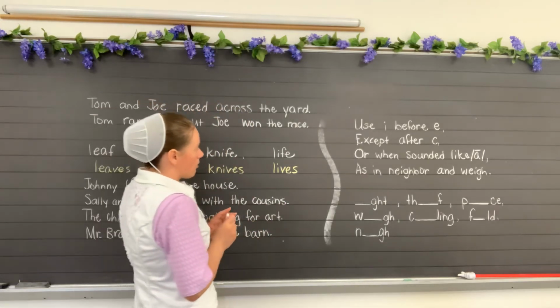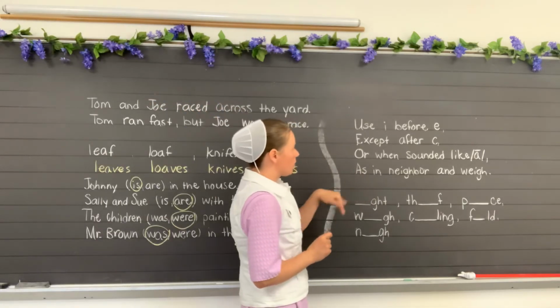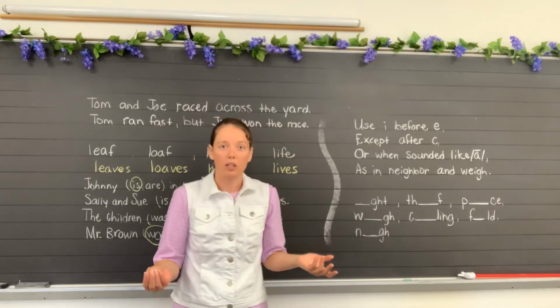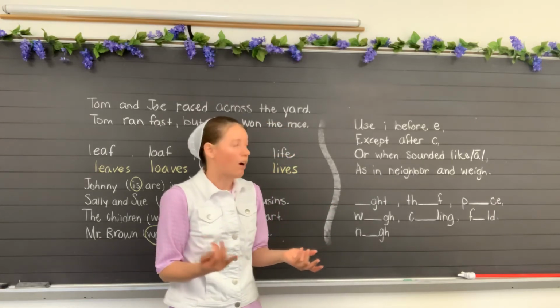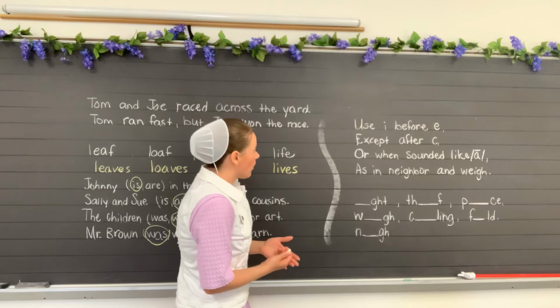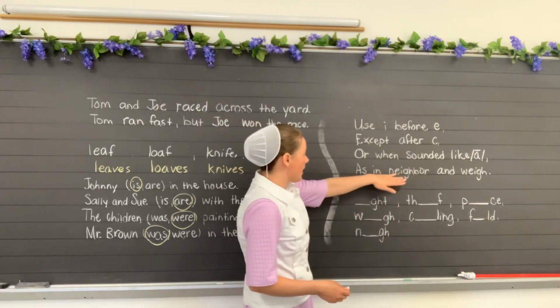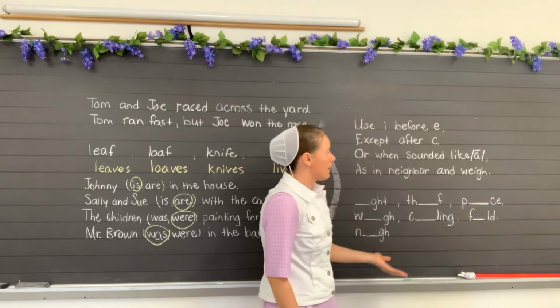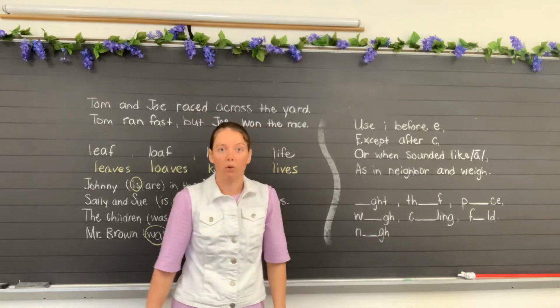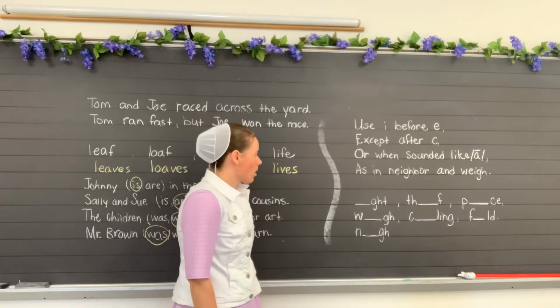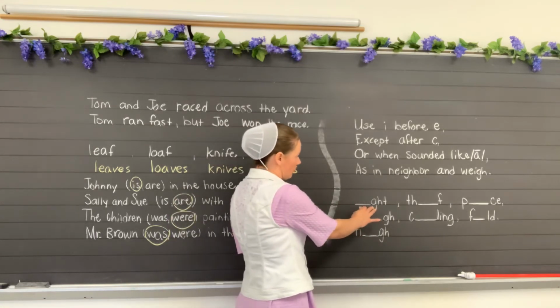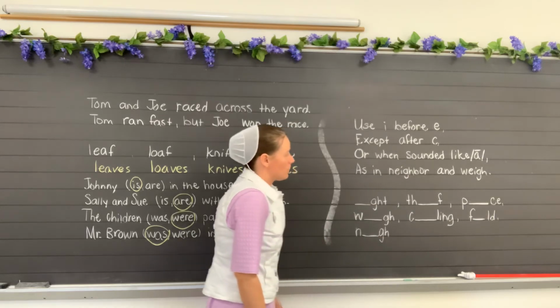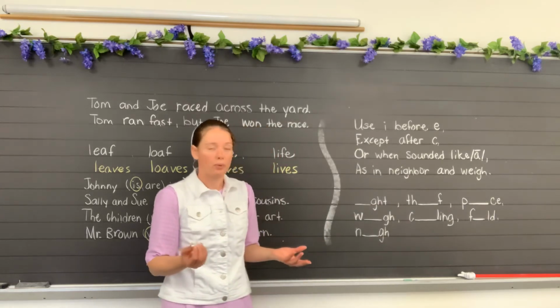We will try to remember this rule that we use I before E except after C. If it's after C, then you go EI. Or when it sounds like A, as in neighbor and way, then you will put E before I in that case too. Okay, so here we have GH, T, and so we will need to put in EI.